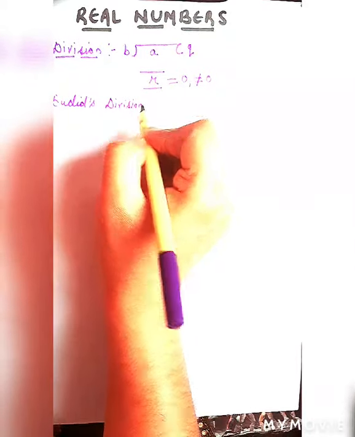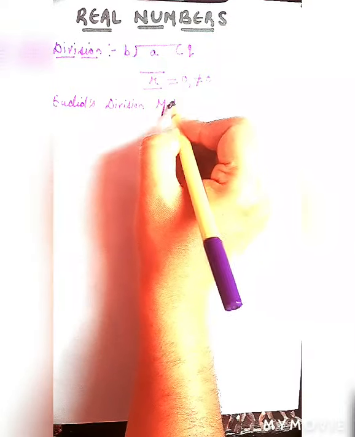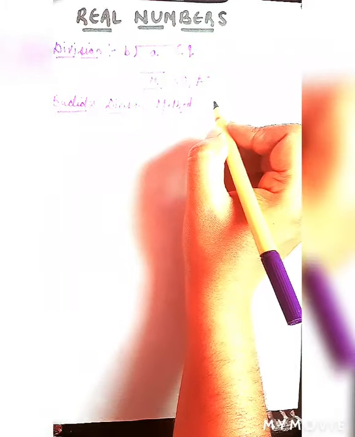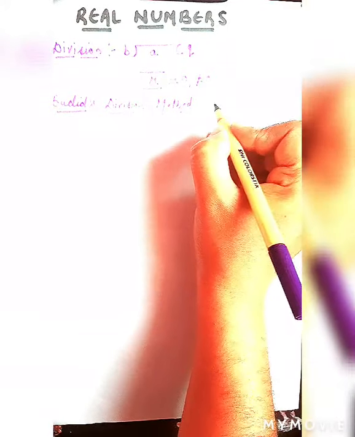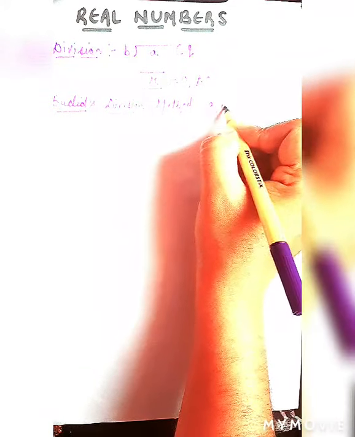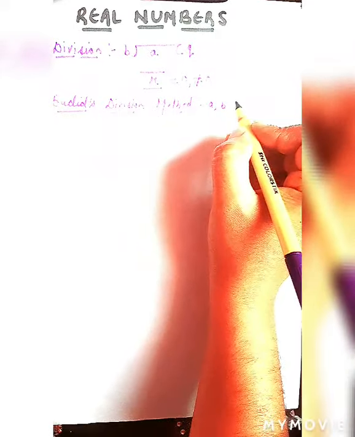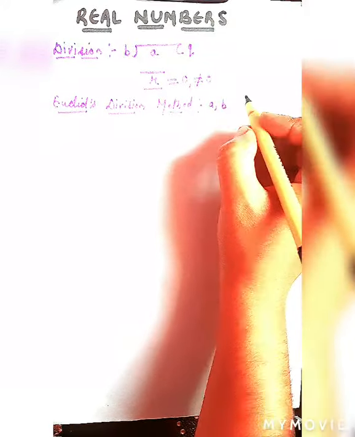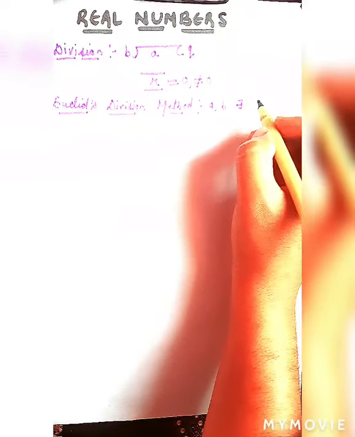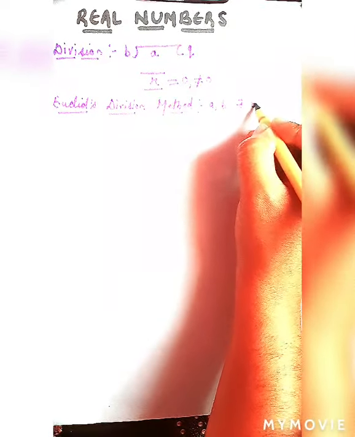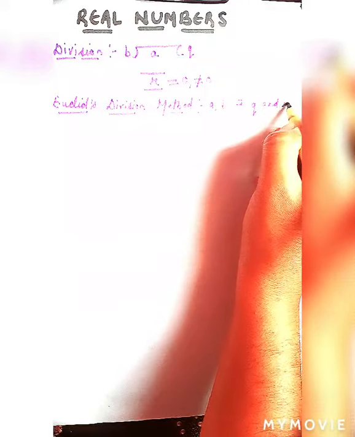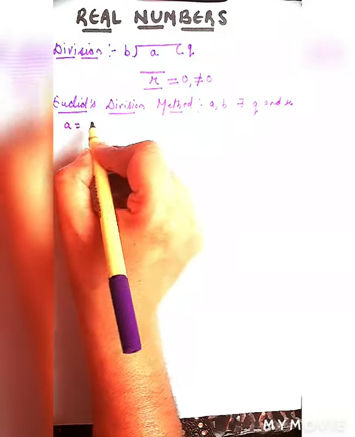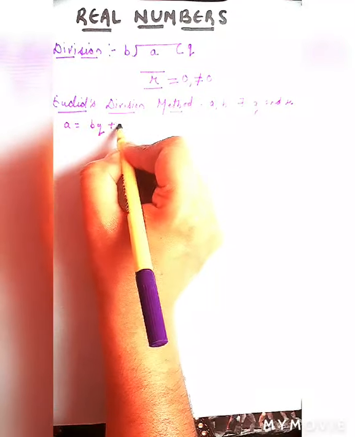In this method we will consider any two positive integers, for example A and B, and corresponding to them there will exist integers q and r satisfying A is equal to bq plus r.